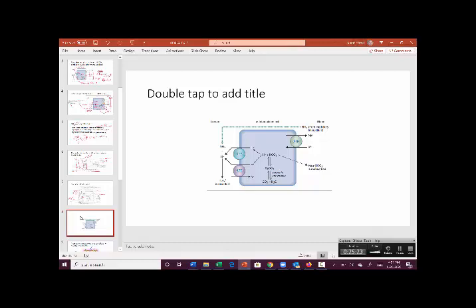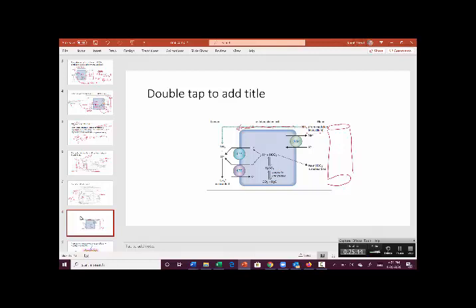Okay, so again, our alpha intercalated cell. Here's another picture. This is our blood side. Always get the perspective. Here's our ammonia, and it is diffusing, shown here, through the tight junctions.